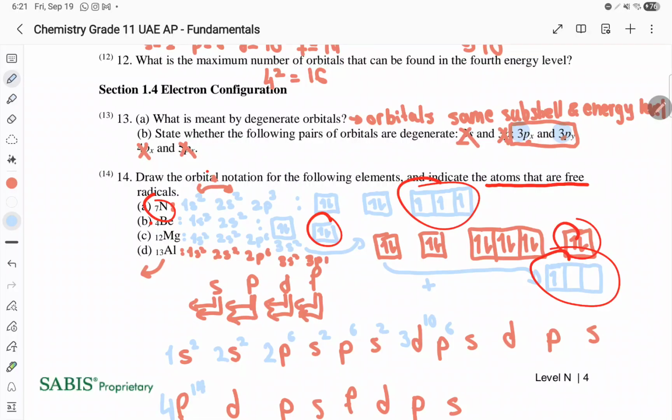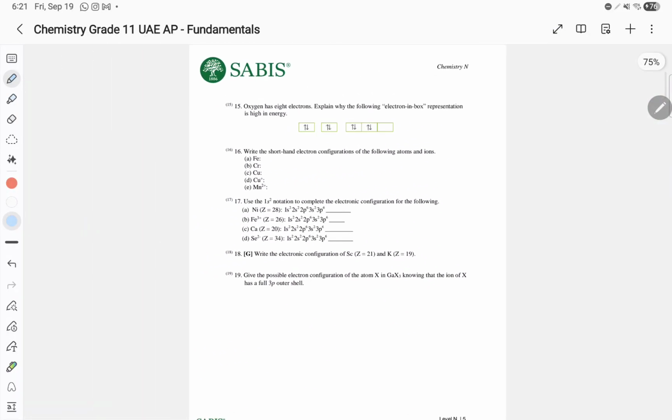Oh yeah, what I mean is like here you have 3 unpaired electrons. Here you only have 1 unpaired electron. So if this box was filled, then it would not be considered a free radical. But since this box is not filled, or it doesn't have 2 in this box, it is a free radical.